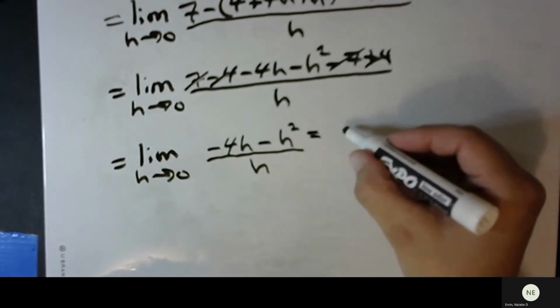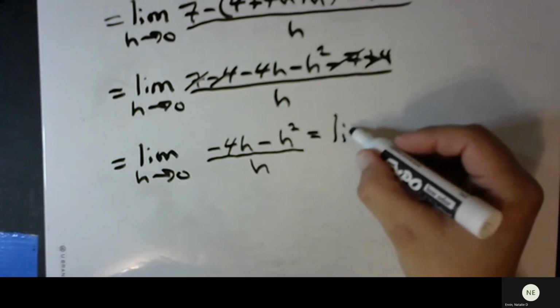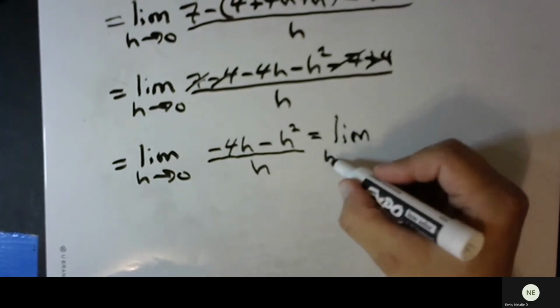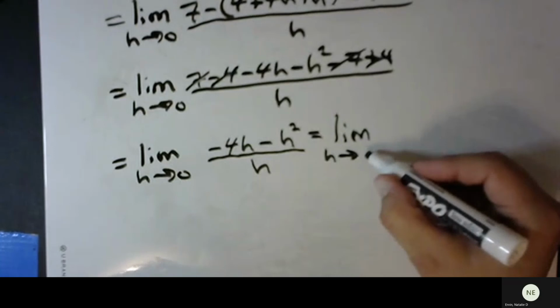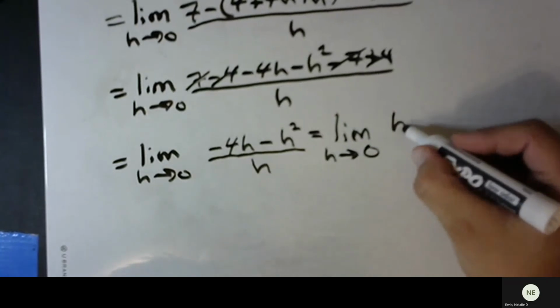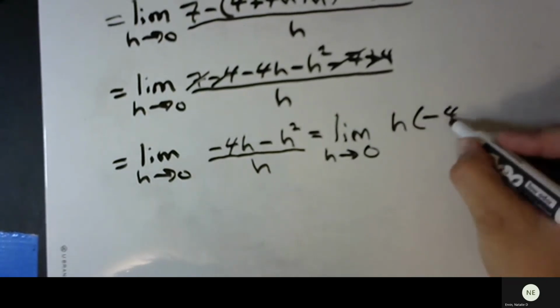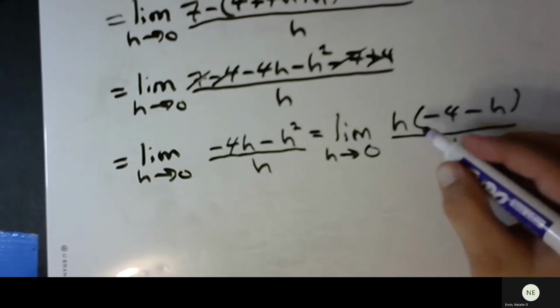We can factor out an h. And then with that factored out, we can cancel.